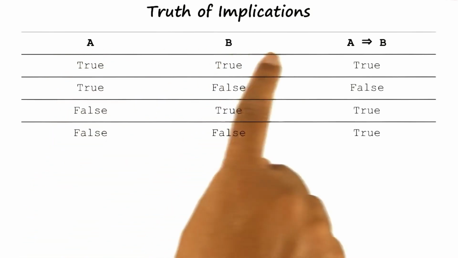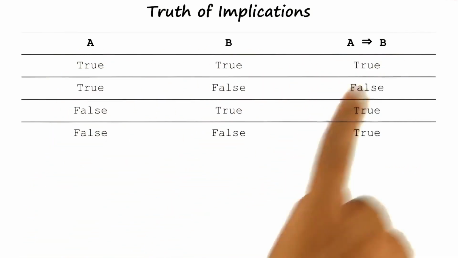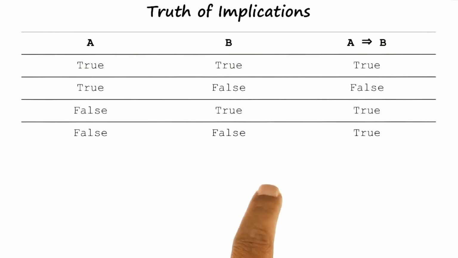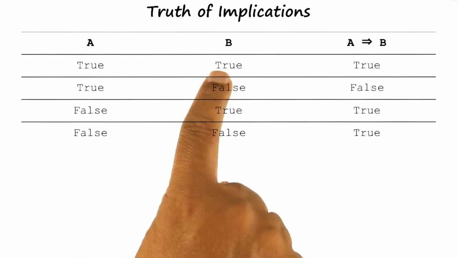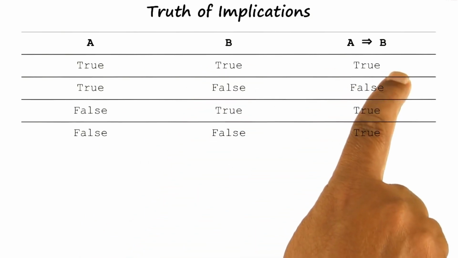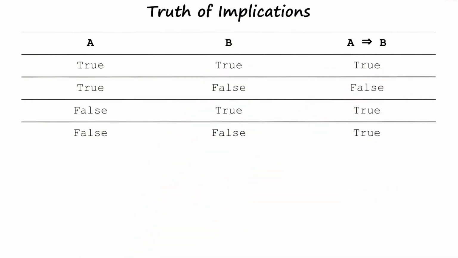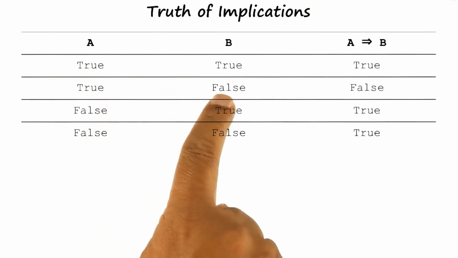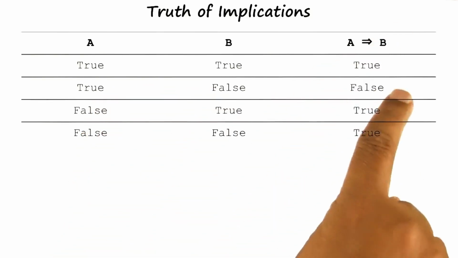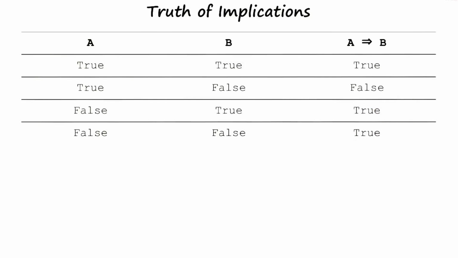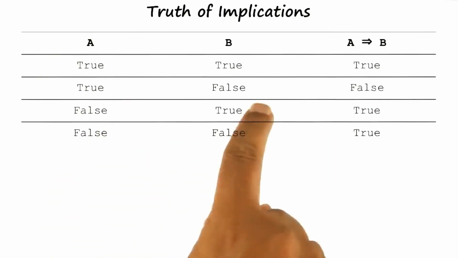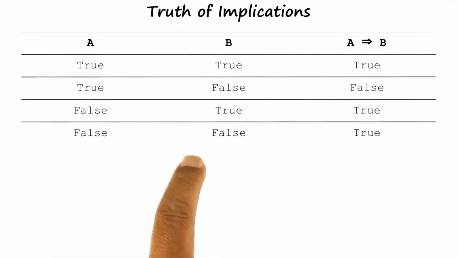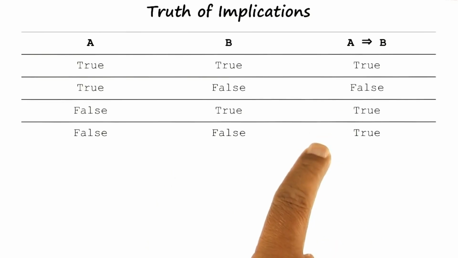A and B are predicates, and here is A implies B. To see the truth value, note that when A is true and B is true, then we understand A implies B is true. This is as usual. When A is true and B is false, this implication cannot be true. So this is false. And if A is false, then it doesn't matter whether B is true or false. This implication will be trivially true.